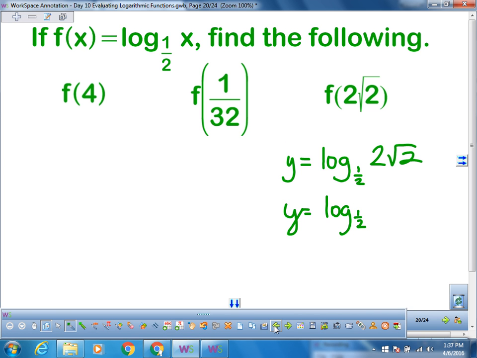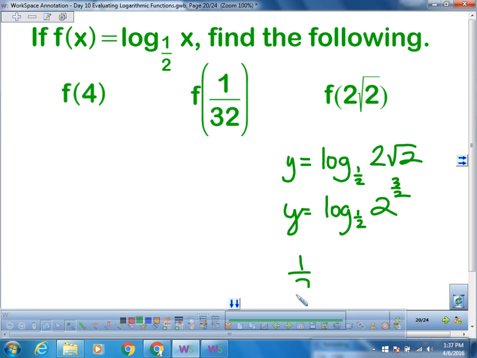Check this out, guys. So isn't this just 2 to the 3 halves? So y, let's change it into exponential form. Here's my base. What's my exponent? Equals 2 to the 3 halves. This is the hardest one.